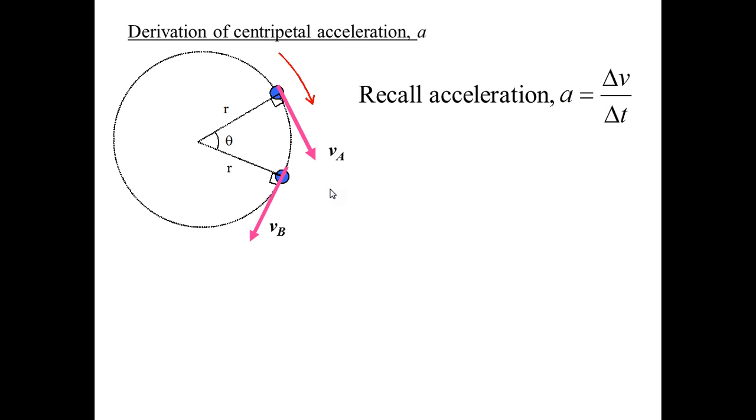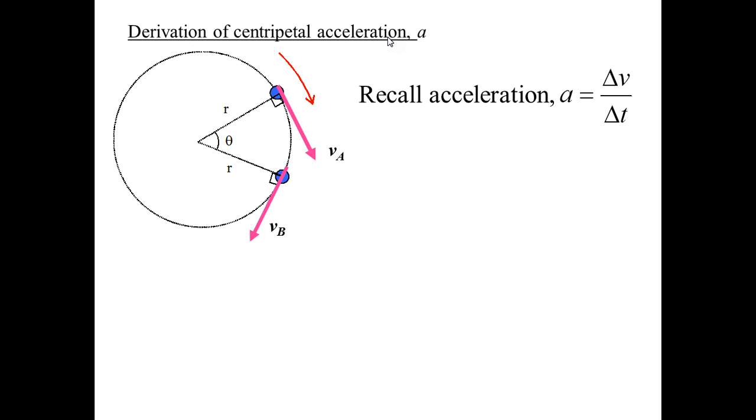Next we are going to derive an expression for acceleration. Because this acceleration refers to an object moving in circular motion, we give it a special name. Instead of just calling it acceleration, we call it the centripetal acceleration. So the centripetal acceleration a will be equal to the rate of change of velocity over time.